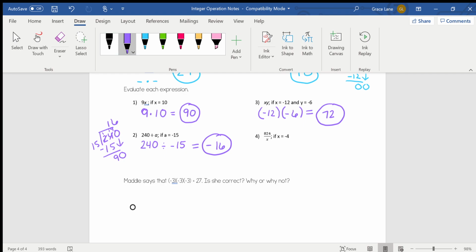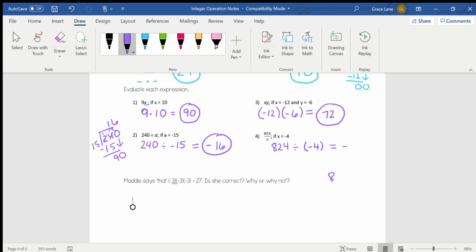And then number 4, 824 divided by x, which means divided by negative 4. So this is what I mean. The negative 4 is probably, if you write it out, going to be in parentheses so that the negative sign stays separate from the rest of the problem so that you know that it is negative 4. So I know a positive and a negative will make a negative answer.